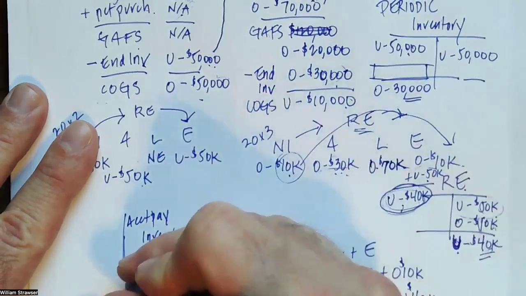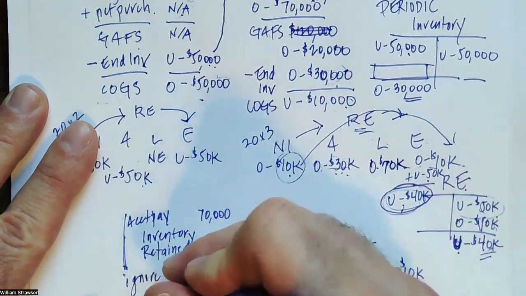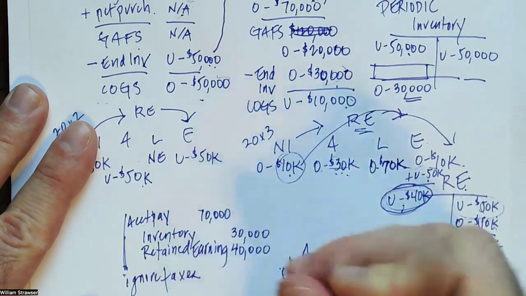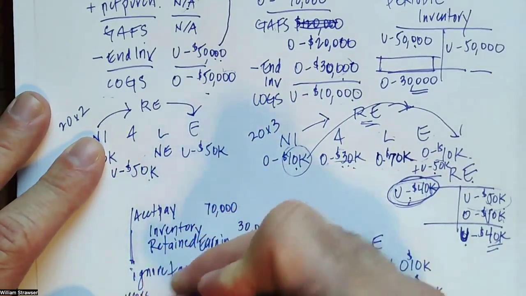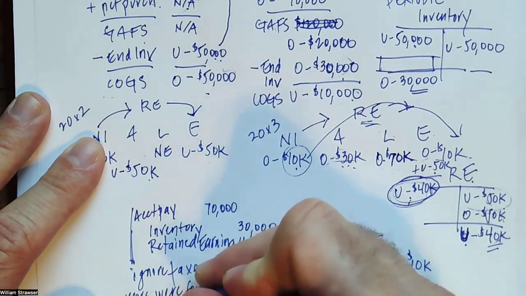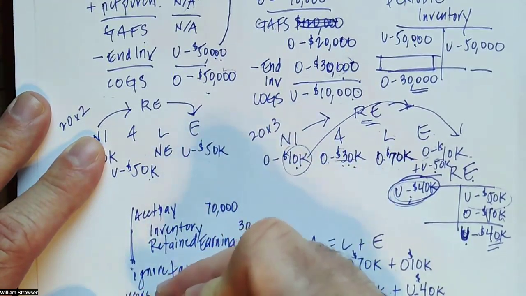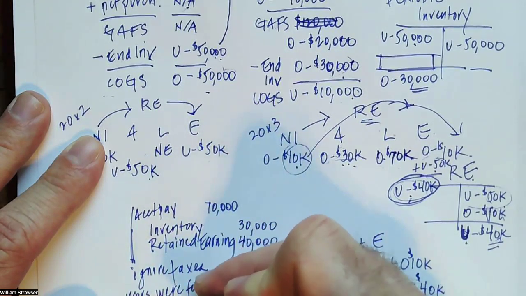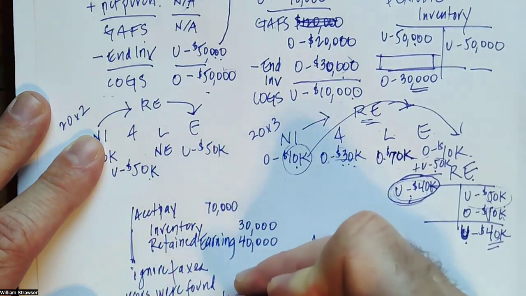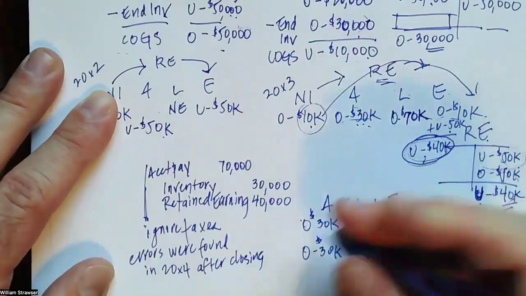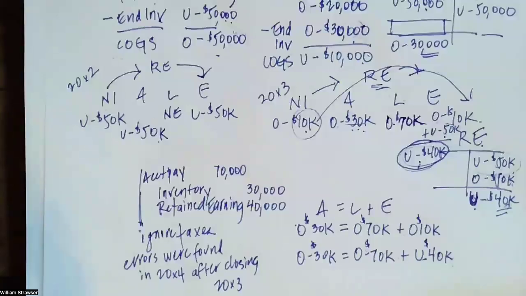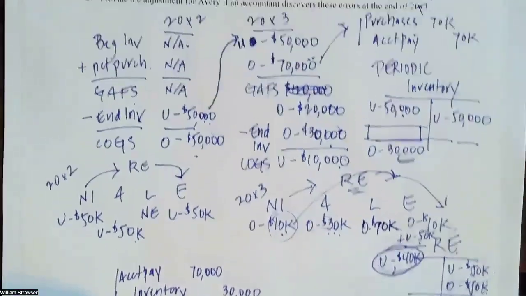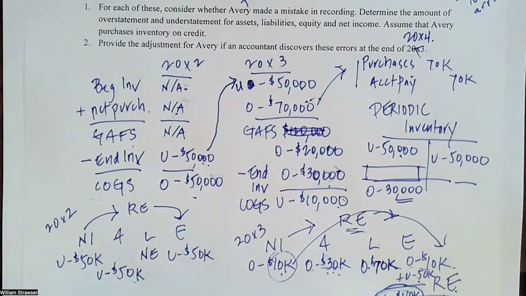This ignores taxes, because then you would have to have a different sort of entry. And again, the errors were found in 20x4 after closing 20x3. That simplifies it greatly. Okay, so this is a very good comprehensive example of errors, and I hope you learned some from it.